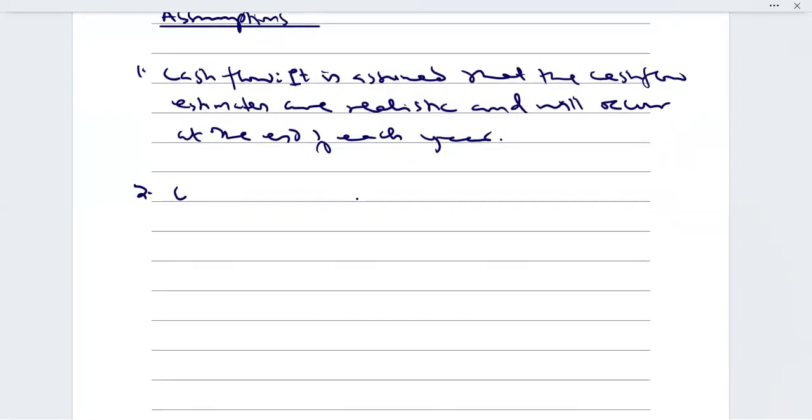Then number two, you can talk about cost of capital. So what's the assumption on that?